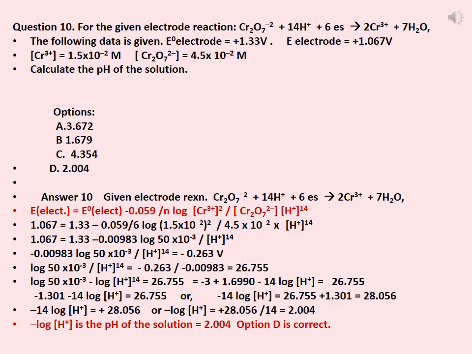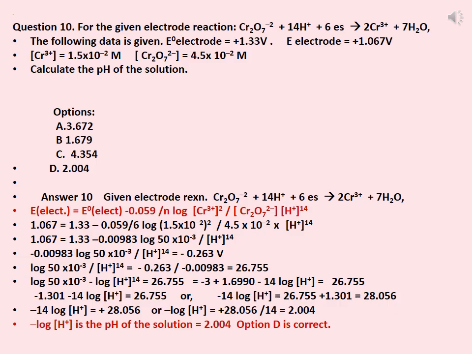For E electrode, we can use the Nernst equation for an electrode and write it as E electrode is equal to E naught electrode minus 0.059 by n log of reduced product by oxidized product. So here the reduced product is chromium ions, the molar concentration of chromium ions, because two chromium ions are formed.